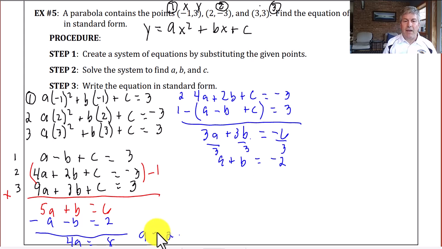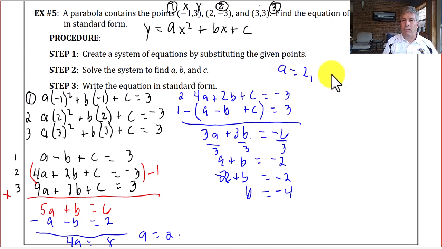Well, if a is equal to 2 and a plus b is equal to -2, oh pardon me, that'd be a positive 2 plus b equals -2, then b has to equal -4. So now I've got an a value of 2, I've got a b value of -4, so now all I need to do is calculate c.